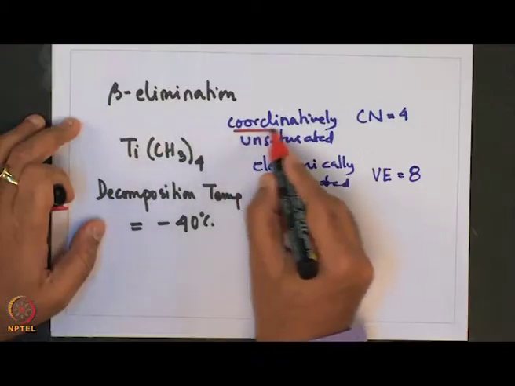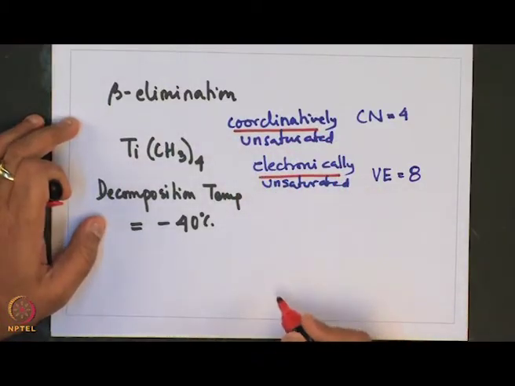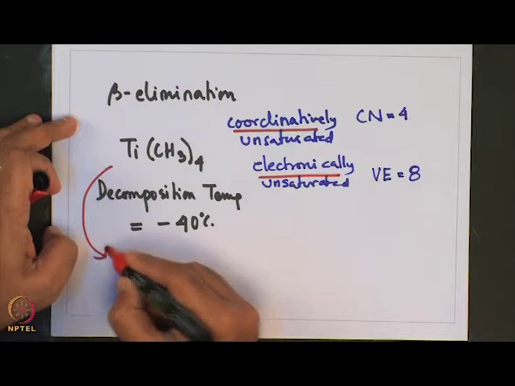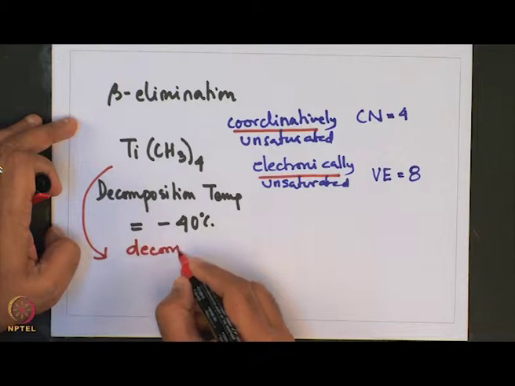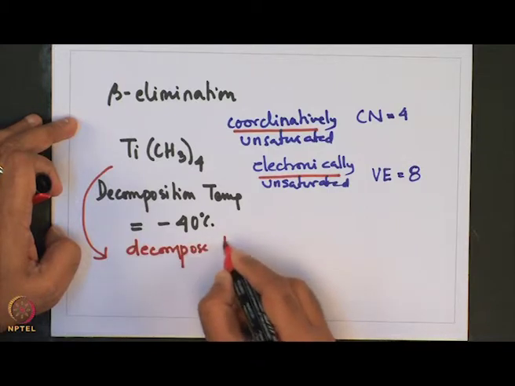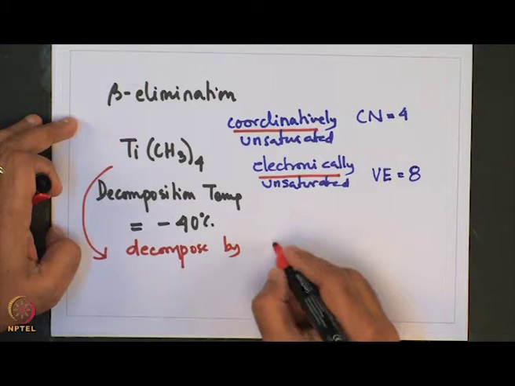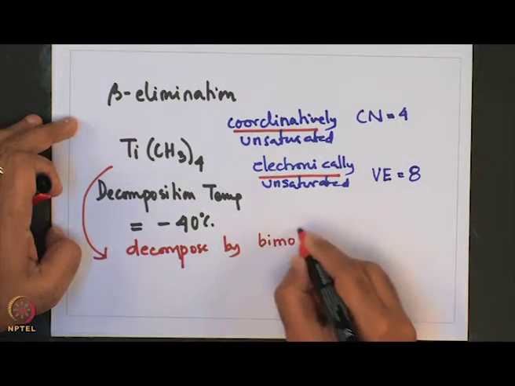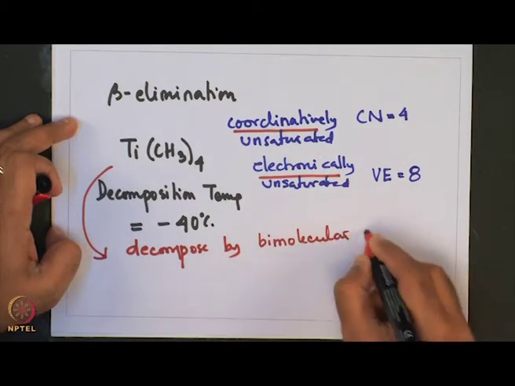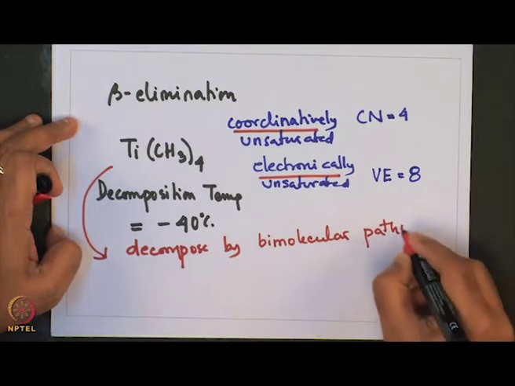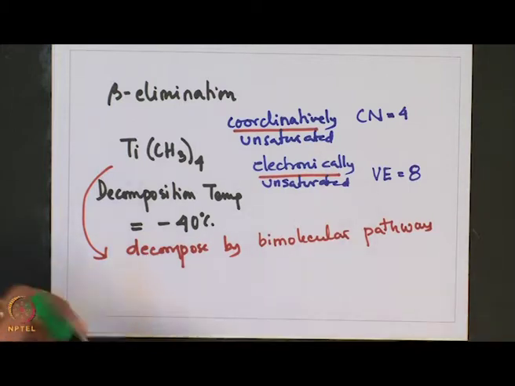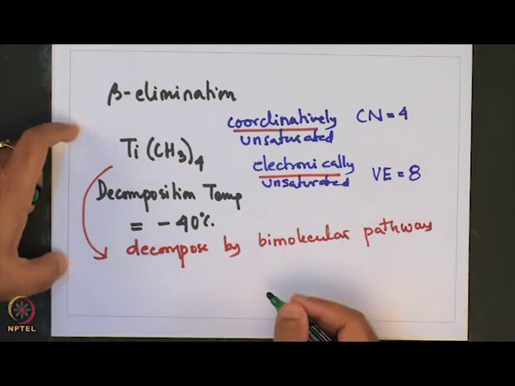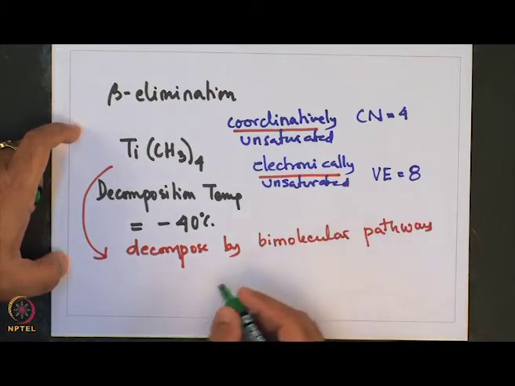Because of this extensive unsaturation, both coordinative as well as electronic, titanium tetramethyl decomposes by a bimolecular pathway. That involves the interaction of titanium with the titanium methyl bond of a neighboring molecule.